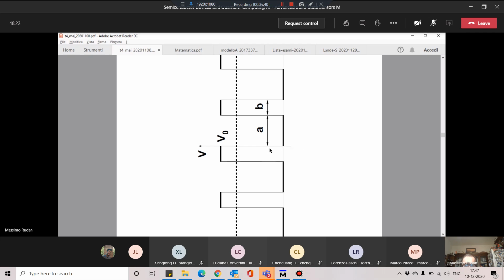So we impose the continuity of the function and the first derivative at 0. And then we impose the periodicity over a period that goes from minus b here to plus a. It is just the same period, a plus b, okay? So it is more convenient to find a period across the origin, okay?